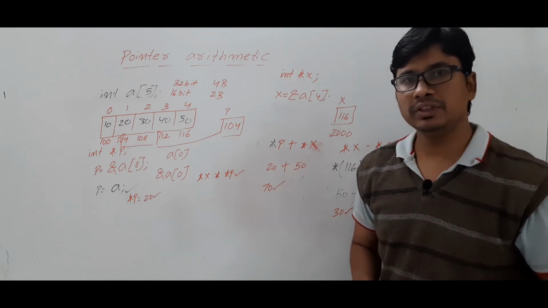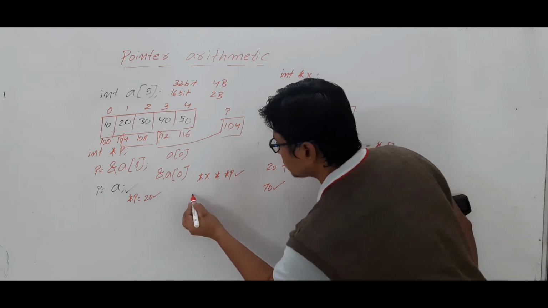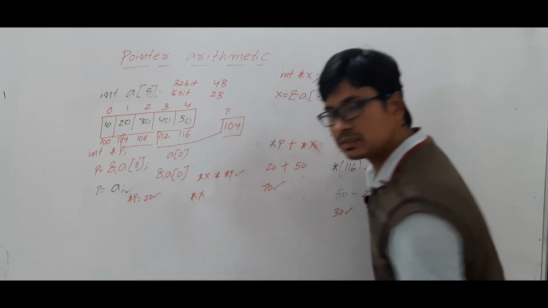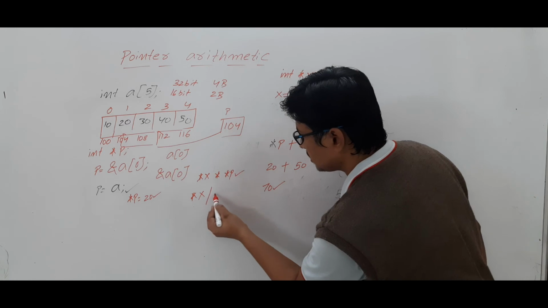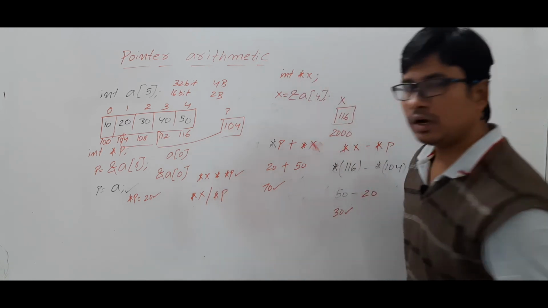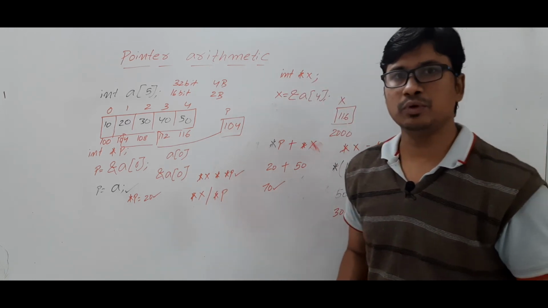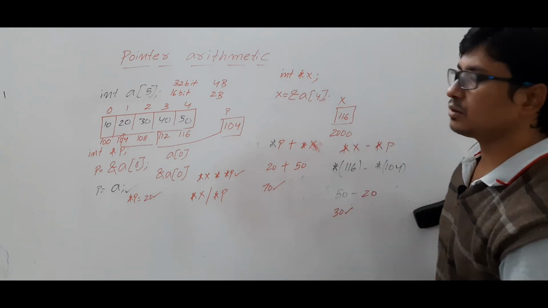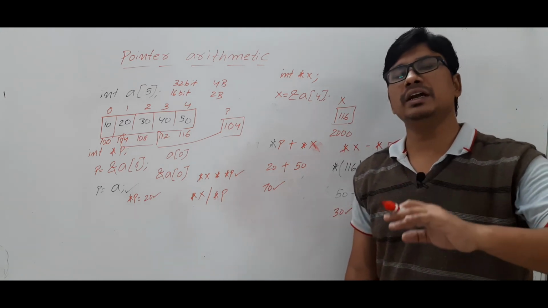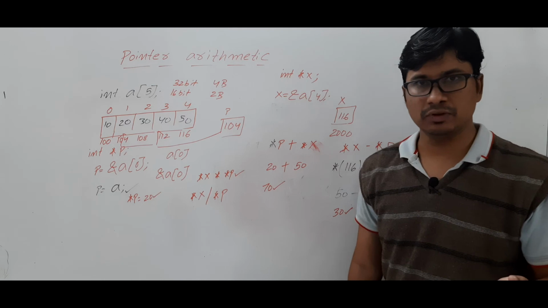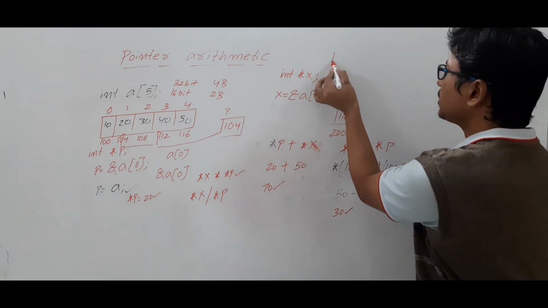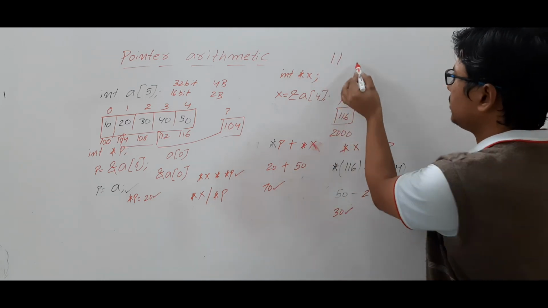But when you are performing the division, look at this point. You are writing star x, division, star p. Now what will happen is that when we discussed comments, we discussed that we have single line comments and multiple line comments. If it is a single line comment, we write double slash and whatever the comment is.